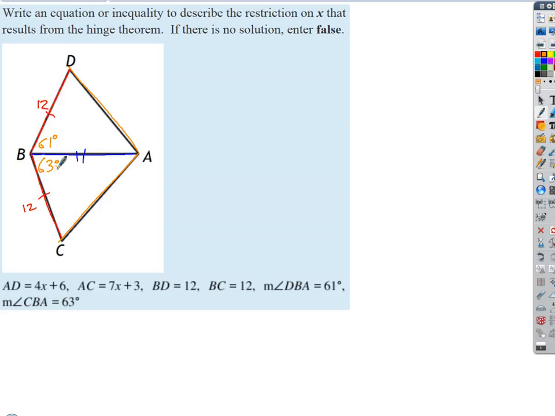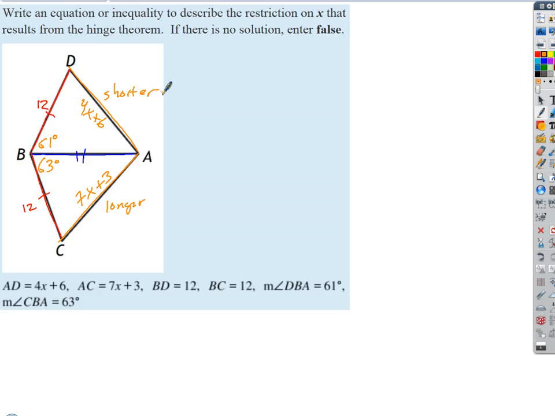Well, it tells us in this case that AC is 7x plus 3, and AB is 4x plus 6. Okay, but we know that this one is longer and that one's shorter. So what's the inequality we could set up then?